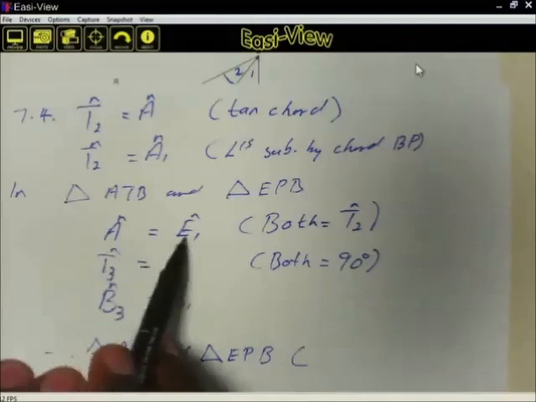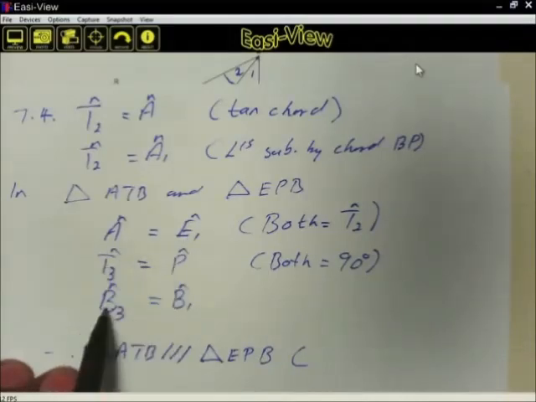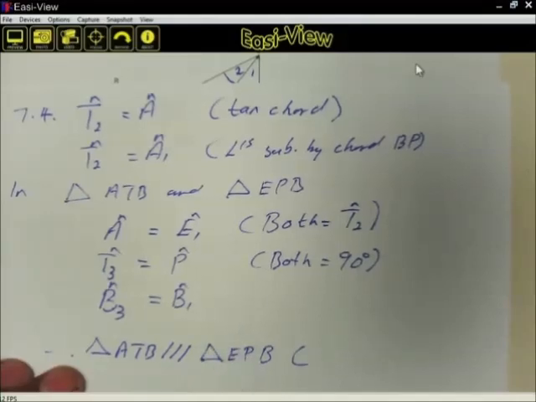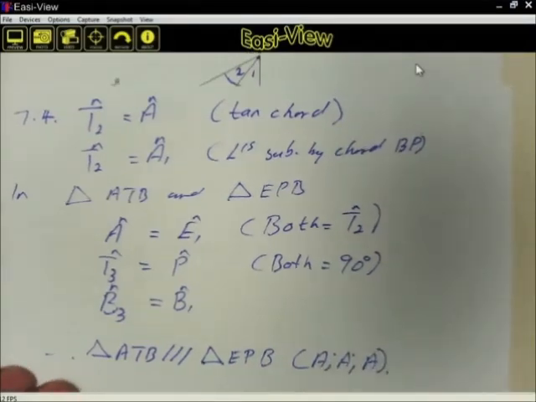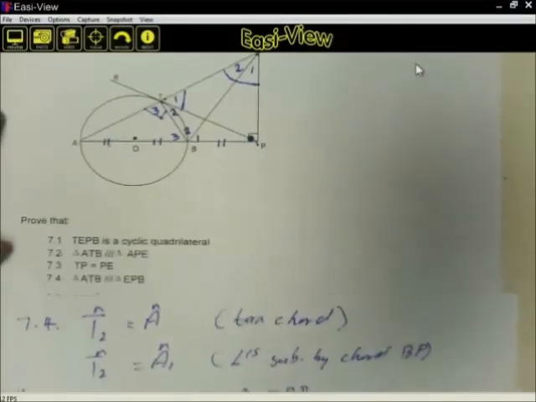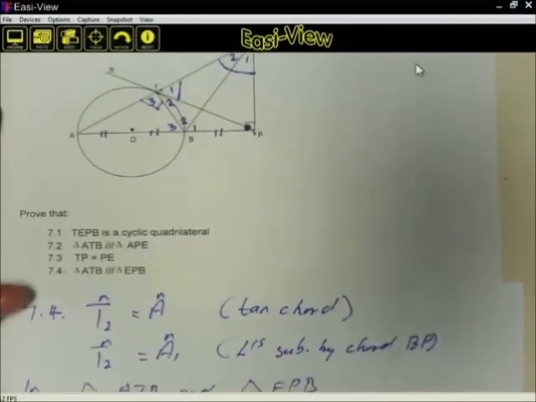A is equal to A, T is equal to P, B is equal to B. The order in which you take those letters must be the same. Why do we say they are similar? Angle, angle, angle. I think we have proven that part. That was 7.4. Prove that ATB is similar to EPB.